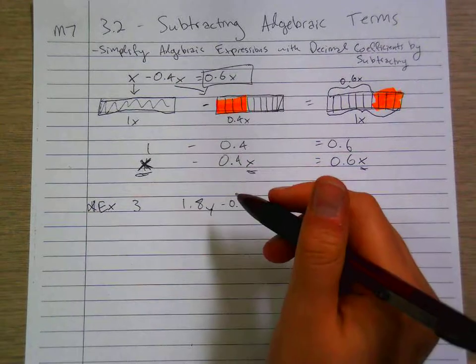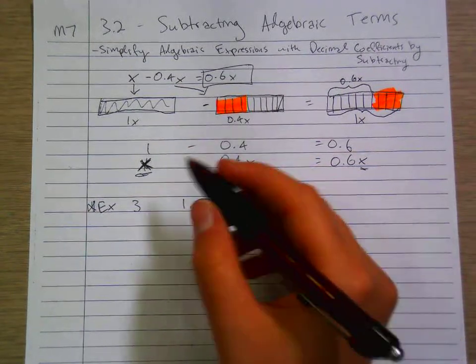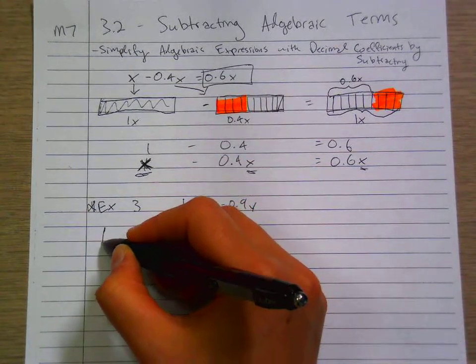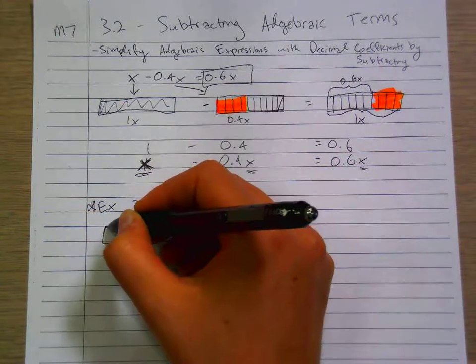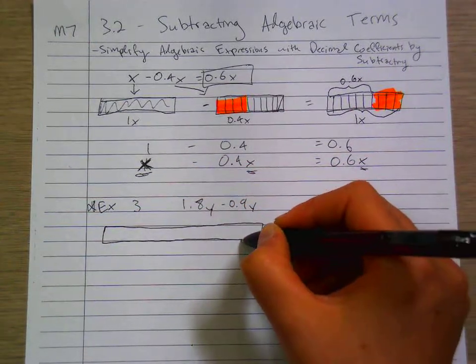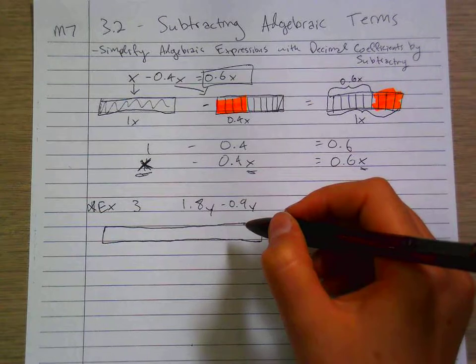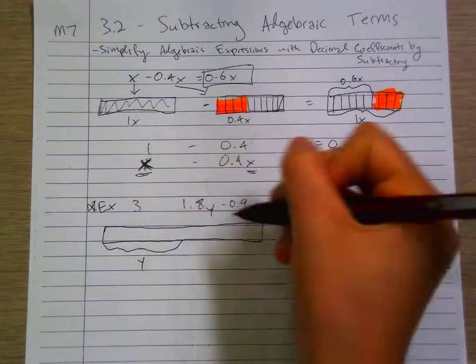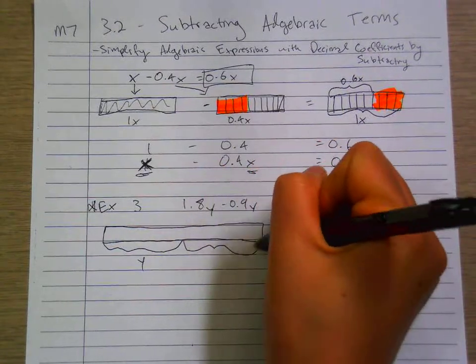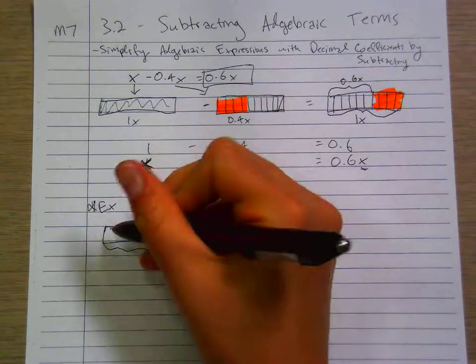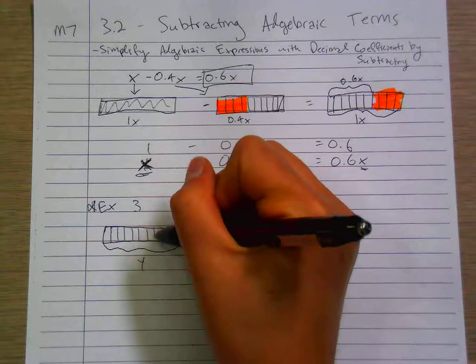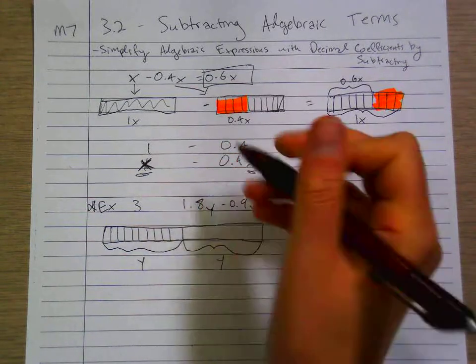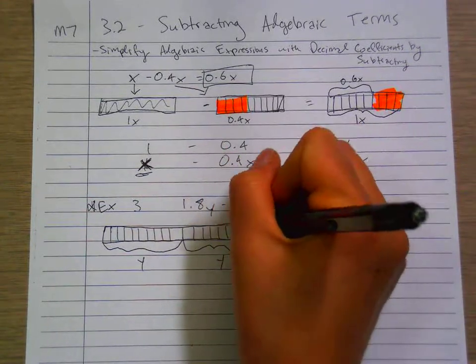So if we start with 1.8, let's say that this right here is y. This right here is y. It's broken into 1, 2, 3, 4, 5, 6, 7, 8, 9, 10, and 1, 2, 3, 4, 5, 6, 7, 8, 9, 10. So each of those is y.